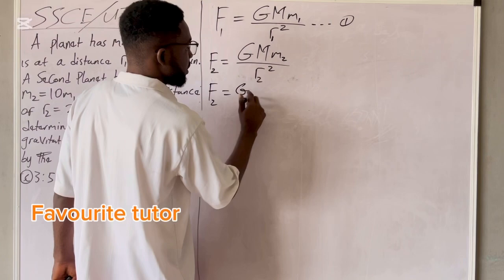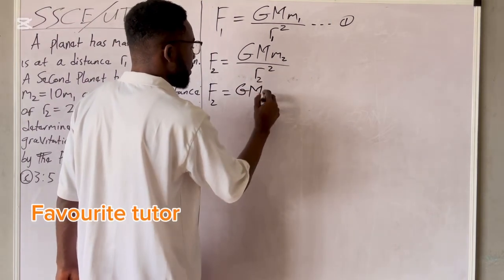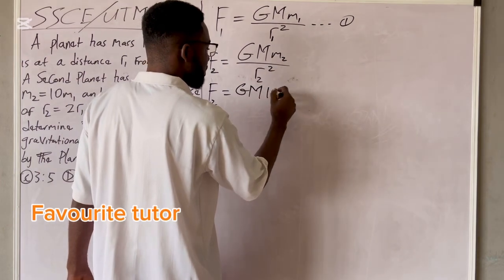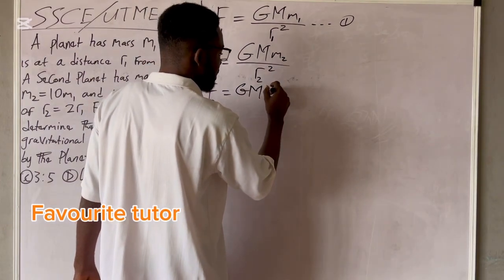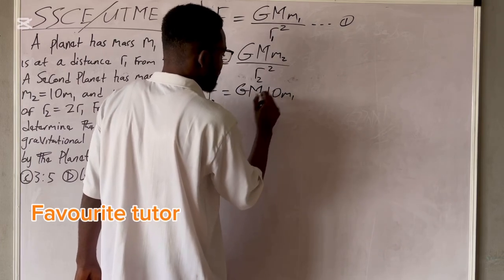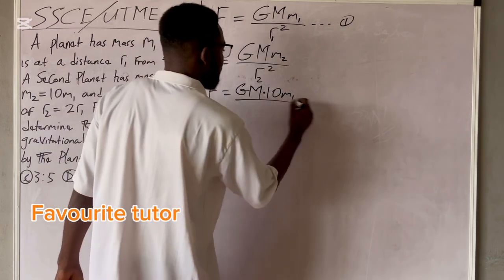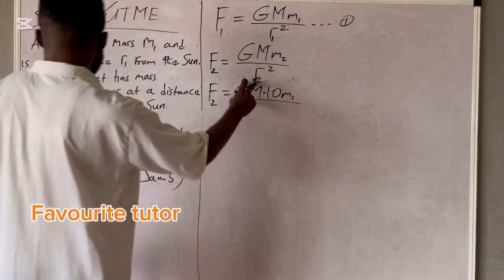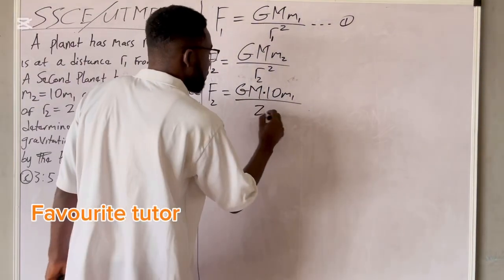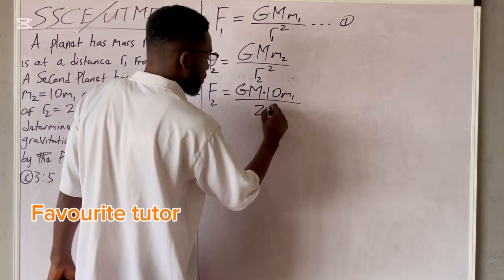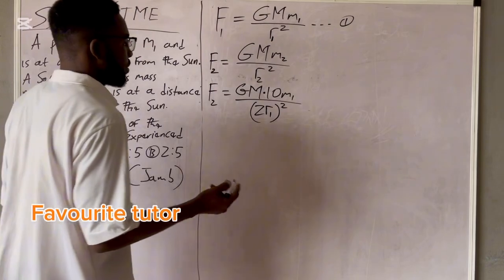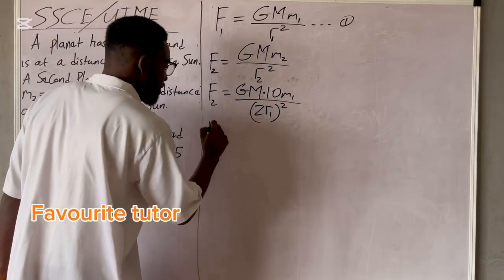So the gravitational constant and mass of the Sun remain the same. Then mass 2 is 10 m1, all over the distance, which is 2 times r1, raised to the power of 2.